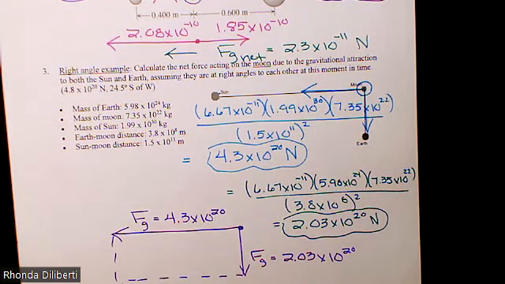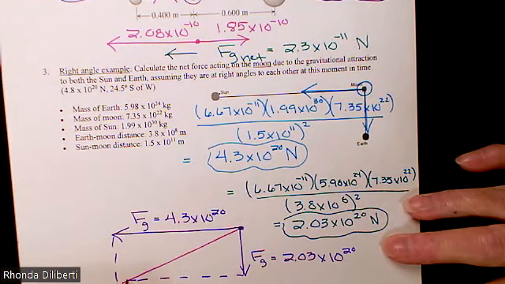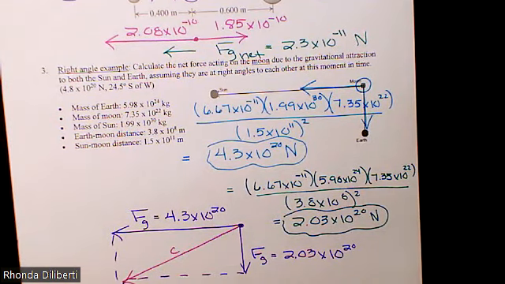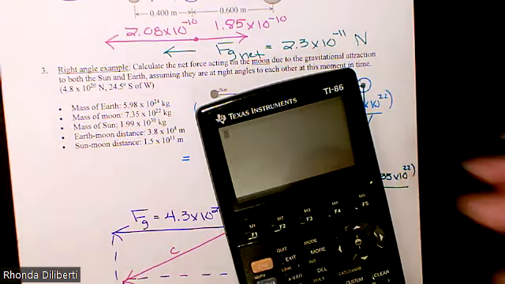And the moon then is going to accelerate in the direction of the net force. So the moon is going to be pulled in this direction. I'm going to call that C. So I'm just going to do a squared plus b squared. We use the Pythagorean theorem here. So I'm going to clear all that out of my calculator.